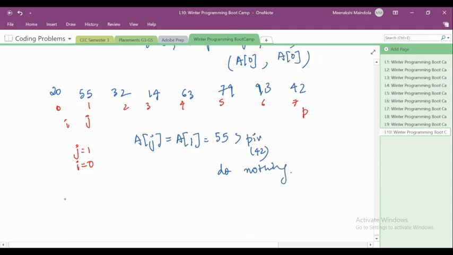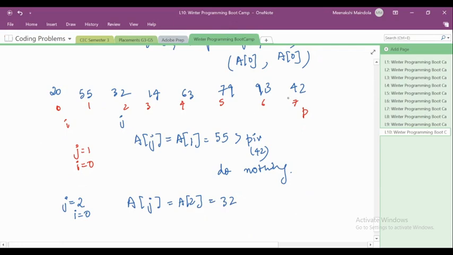In the next iteration of the loop, the value of j is incremented, it becomes 2, but i is going to remain the same. So i stays here, at this place. Now j comes here. Again, we compare. a of j, which is now a of 2, is equal to 32.